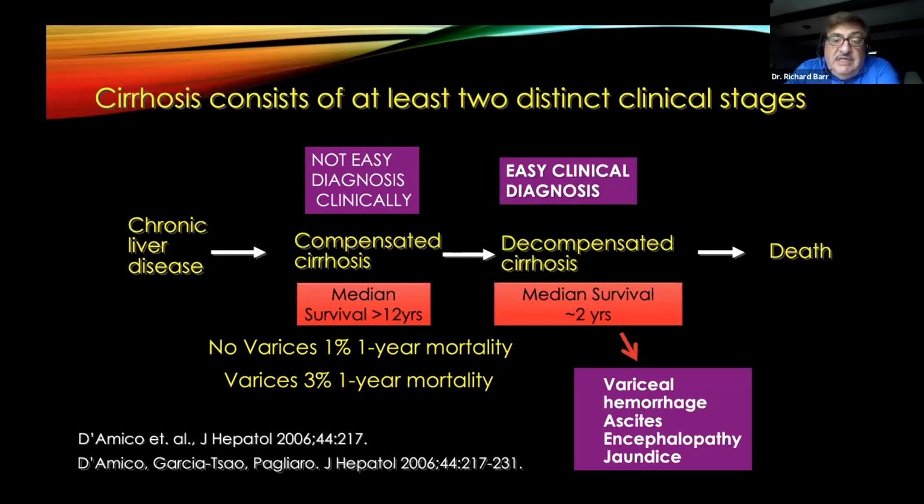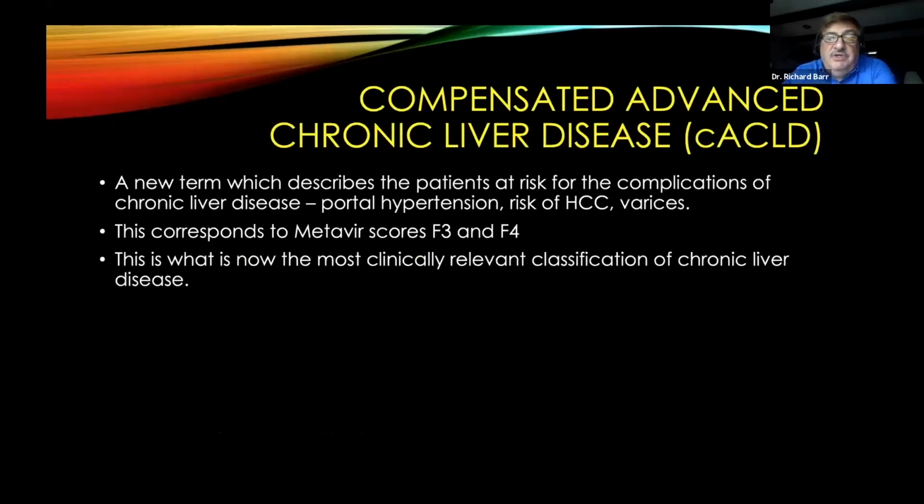So you can see that if we can find these patients at a compensated cirrhosis or earlier stage and get them treated so they do not progress to decompensated cirrhosis, we can significantly increase their survival. And in compensated cirrhosis, varices also make a difference in the mortality rate. If they do not have varices, they have a 1% per year mortality rate. If they have varices, that triples to 3% per year. And again, I've been using this word, compensated advanced chronic liver disease.